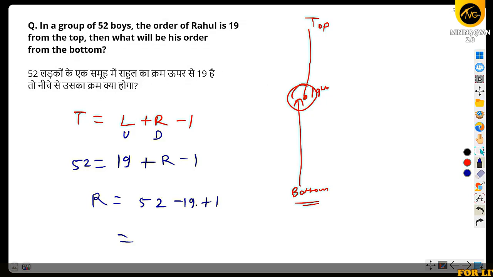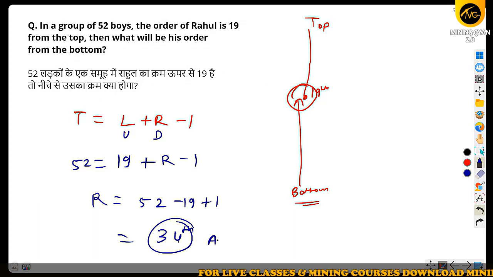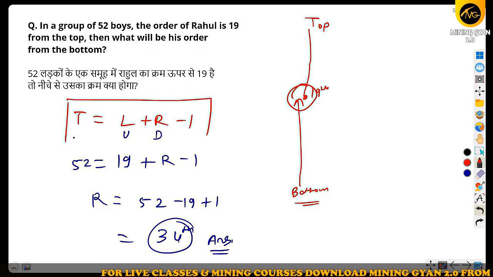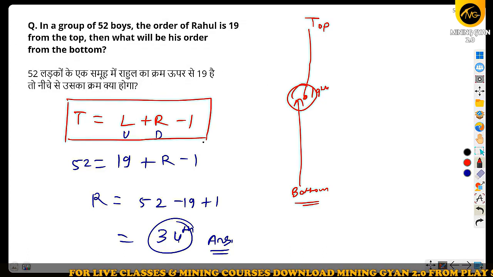So minus 19 plus 1 is 18 and 52 minus 18, so 34th is the ranking from the bottom position in a group of 52 boys. So just remember this formula, which is very easy, and by using this formula, you can find out the positions.